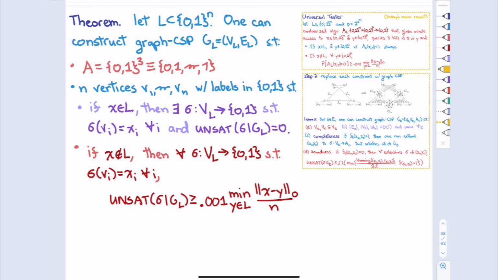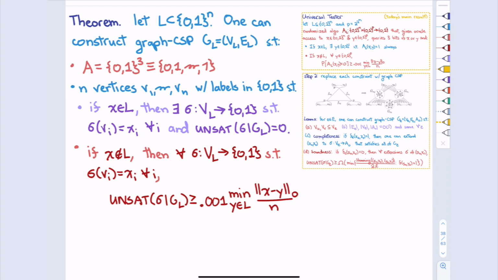The other condition is that if x is not in L, so if you have some n-bit string that's not in the language, then for any labels on the vertices in your graph CSP, where those n distinguished vertices get assigned your n-bit string, your unsatisfied fraction will always be proportional to the distance from the nearest point in the language.